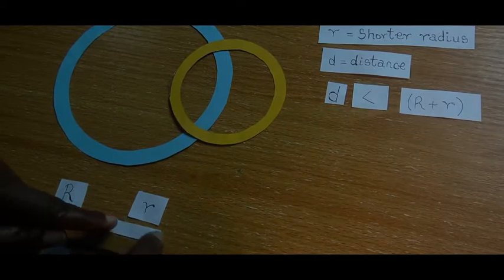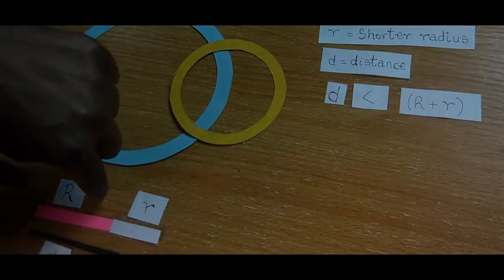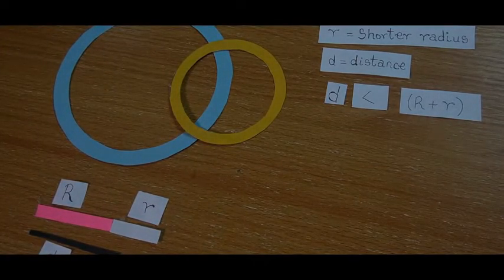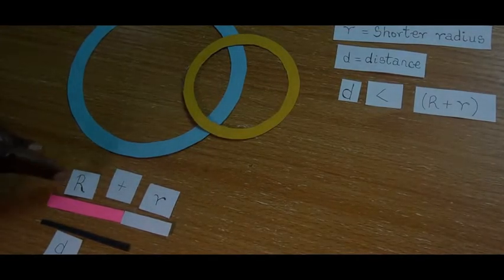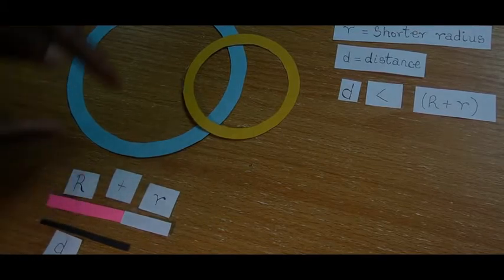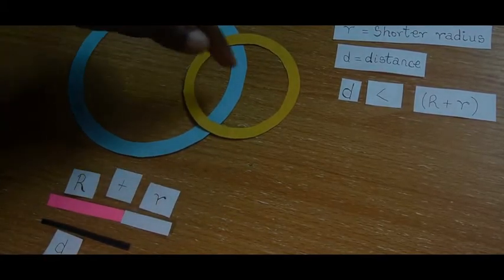This is the radius of the smaller circle. So my question is this plus this. Let me put plus so you know. Look at the sum. This pink one is the radius of the bigger circle. The white one is the radius of the smaller circle.